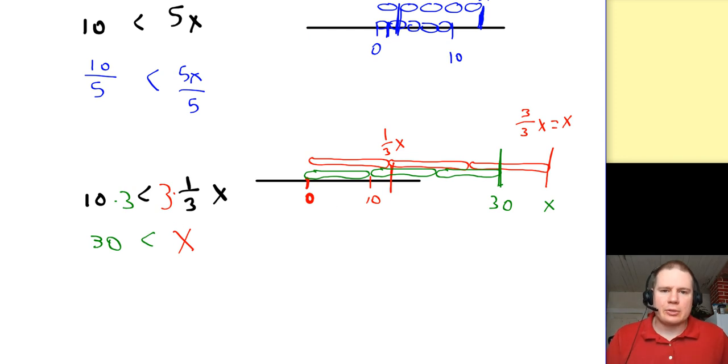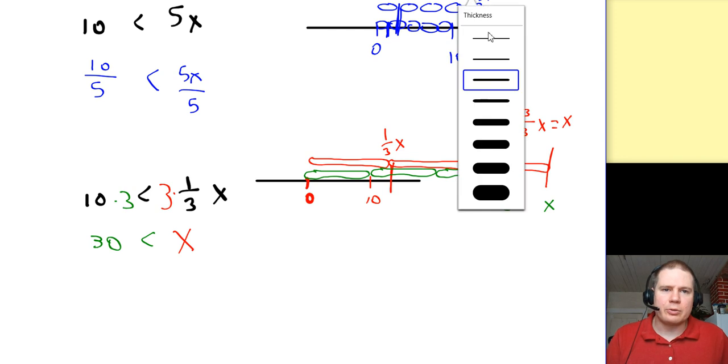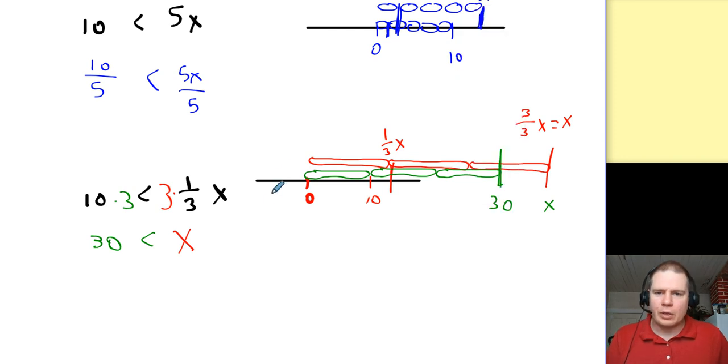Let's say x is a negative. I got to switch to blue, I guess. Let's say 1/3 x is over here. Right? And x is negative who knows what, but 1/3 x is there. If I triple this, I'm taking this distance again and again.